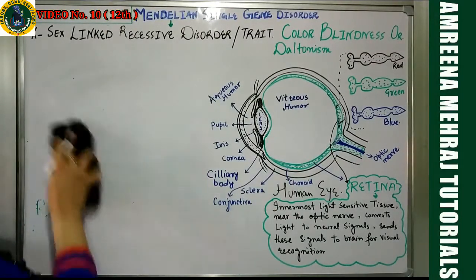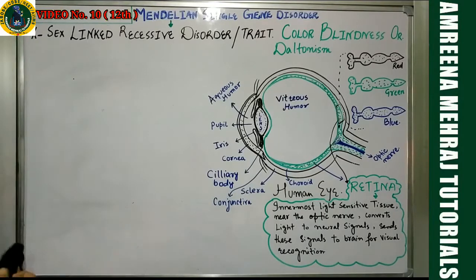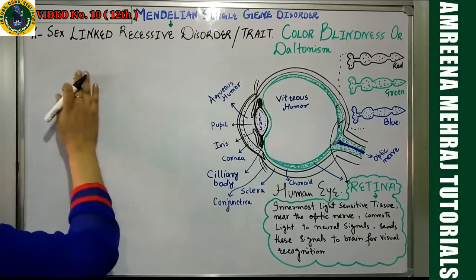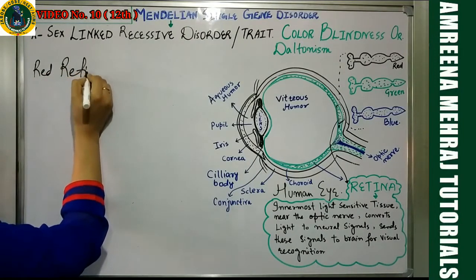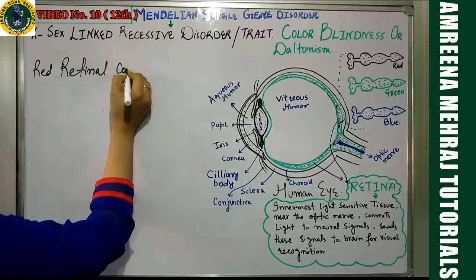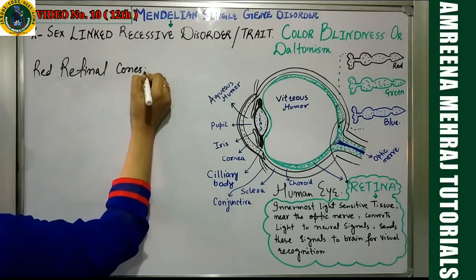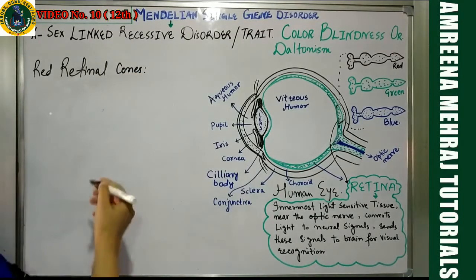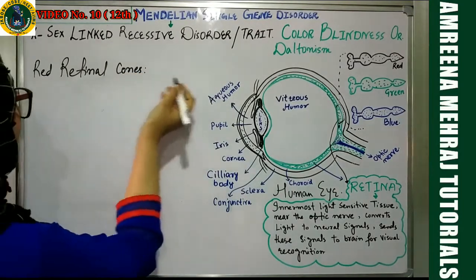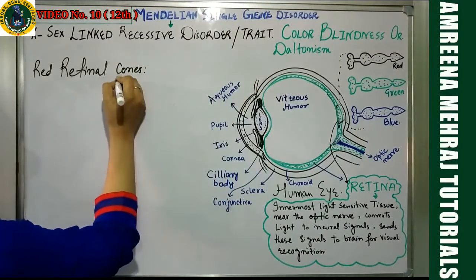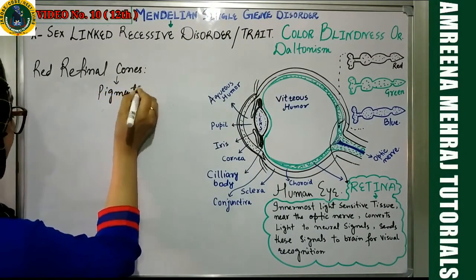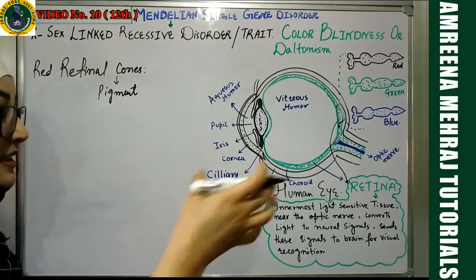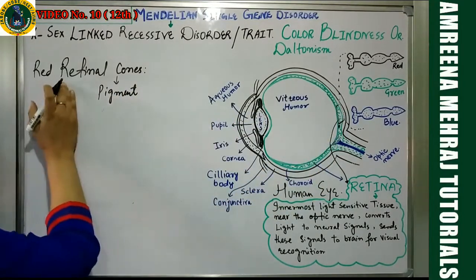So let me write down now. We have retinal cones. They contain specific pigment, which is going to be the red retinal cone pigment. That pigment is very much important for the perception of the red wavelength.